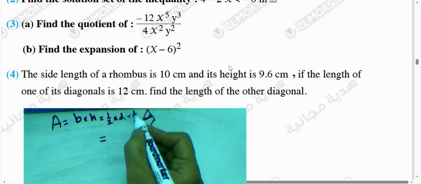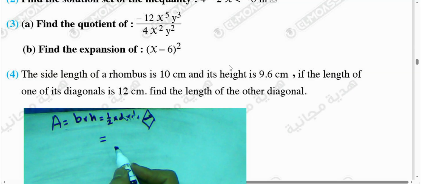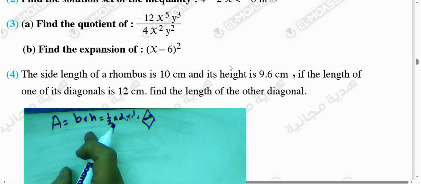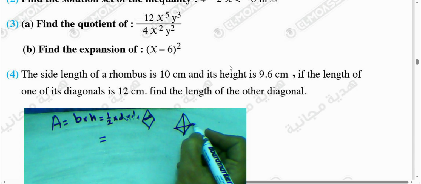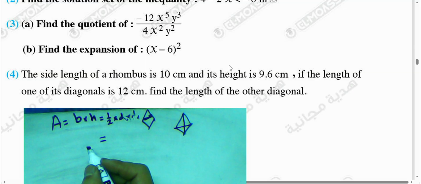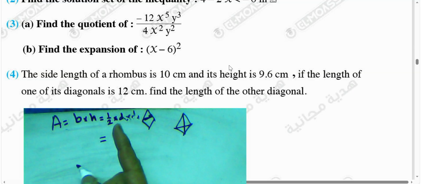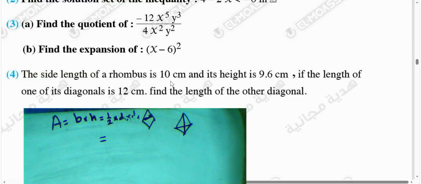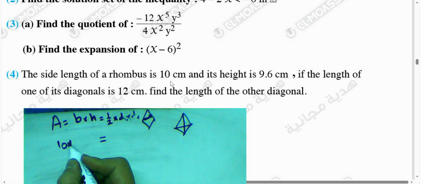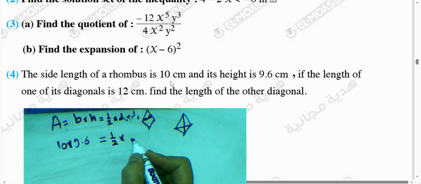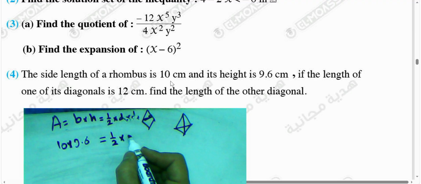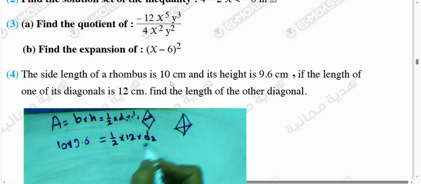Okay, we have two rules to find the area: base times height, or diagonal 1 times diagonal 2 divided by 2. We have 9.6 as the height and the length of the side 10 centimeters. Then we can write 10 times 9.6 is equal to half of diagonal 1, 12, times diagonal 2.